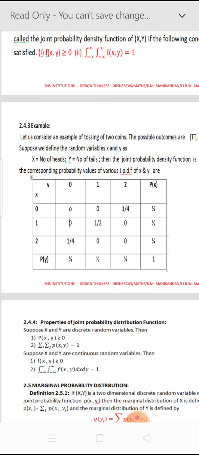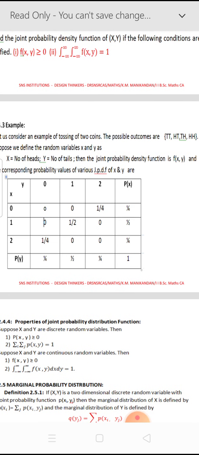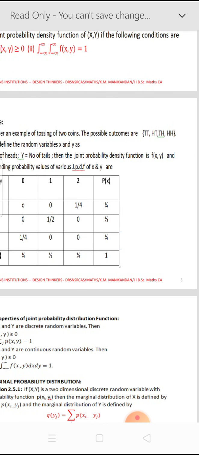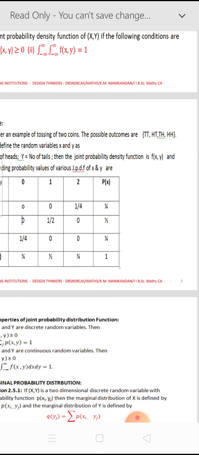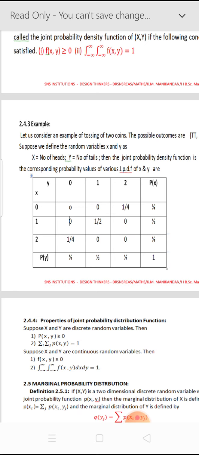Next we are going to discuss an example. Let us consider the example of tossing two coins. While tossing two coins, we will get either head or tail. The possible outcomes are tail tail, head tail, tail head and head head.